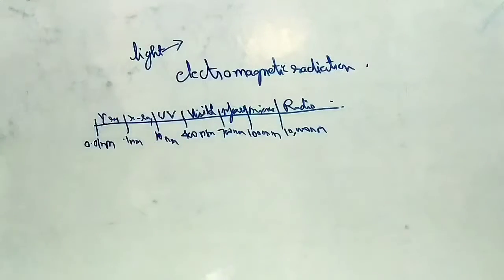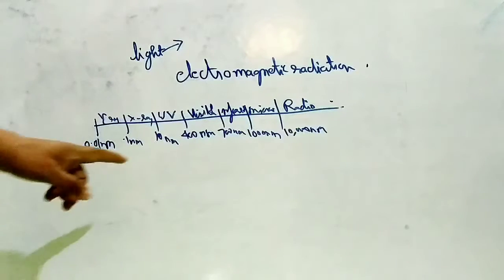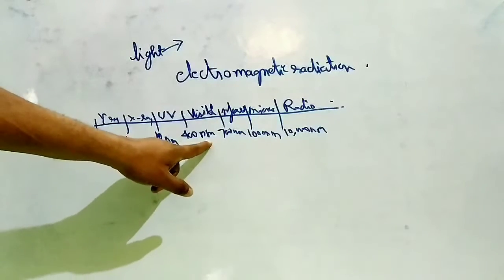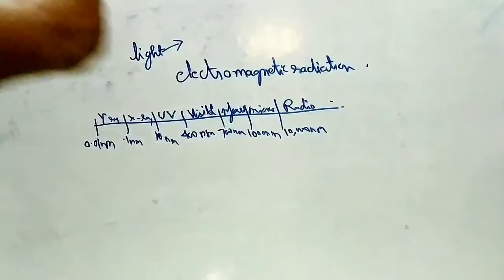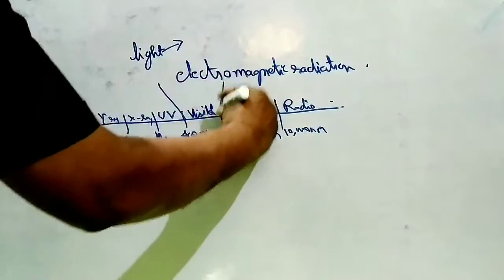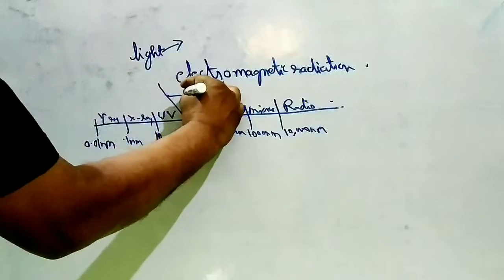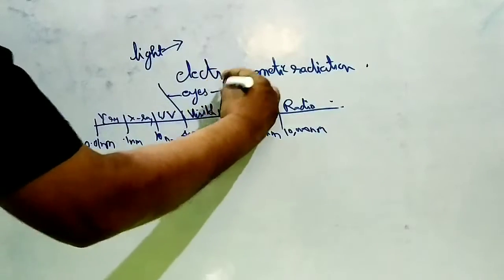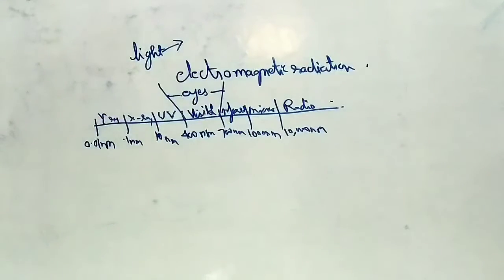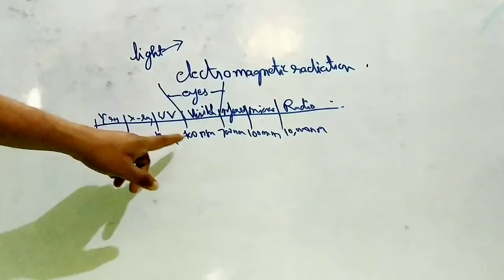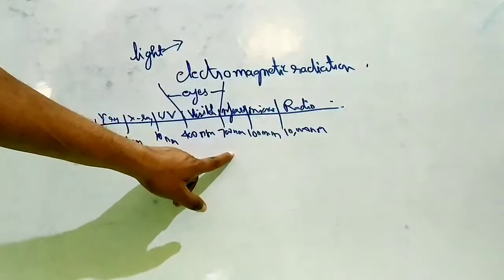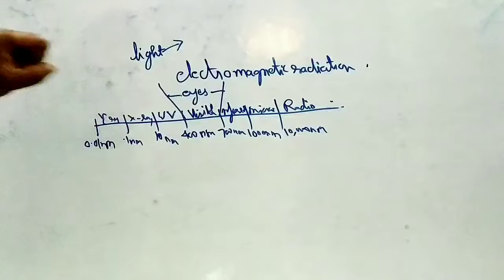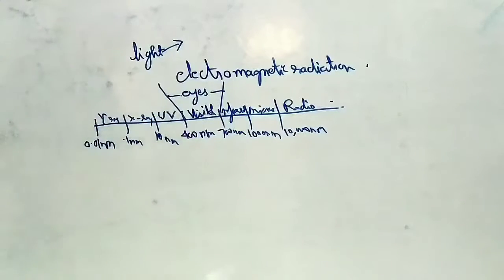Nm means nanometer. So the visible light is available from 400 nanometer to 700 nanometer, which we see with our eyes. With our eyes, we are able to see only the radiation produced from 400 nm to 700 nm, and this is called visible light.